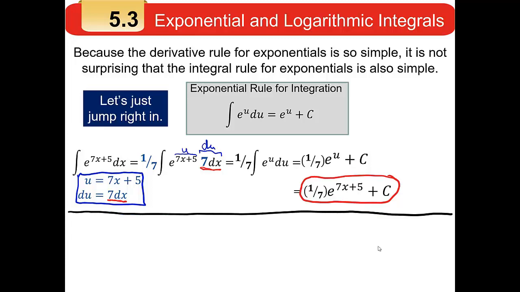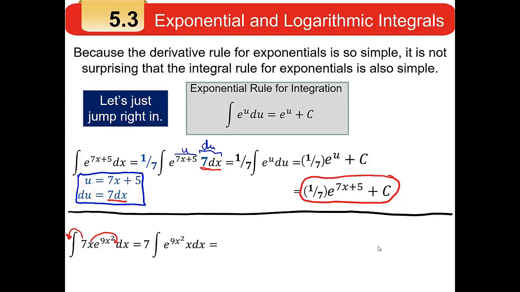Let's tackle another one. Suppose I have 7x times e to the 9x squared, and I want to integrate that. Well, again, I'm looking at the exponential rule, and I can see that the exponent on e will be our u, so it's pretty clear that the u is going to be 9x squared, but be careful.